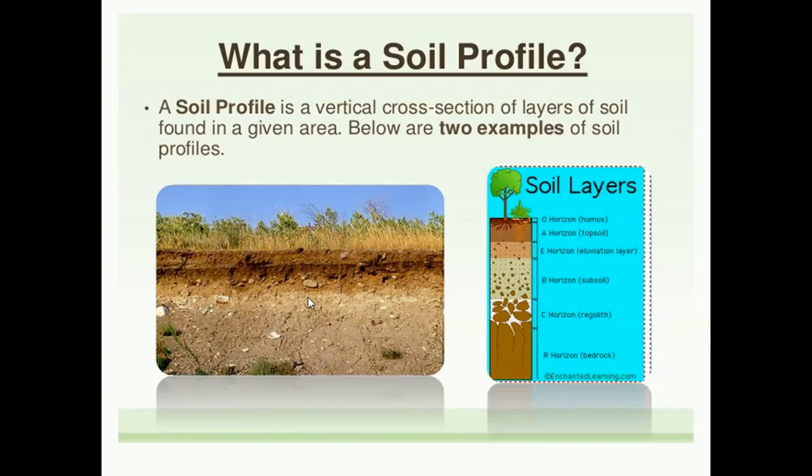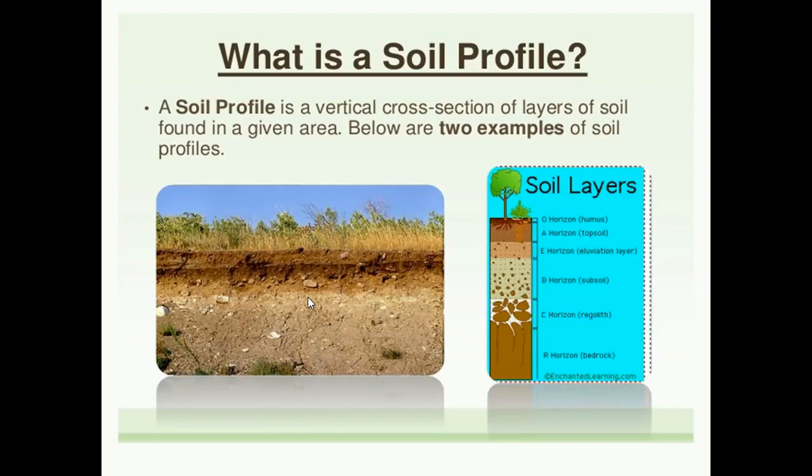We can observe the O horizon, A horizon, E horizon, B horizon and C horizon. Finally, we can observe the R horizon. O horizon is nothing but the humus layer, A horizon is the topsoil, E horizon is also known as the eluviation layer, and B horizon is the subsoil.